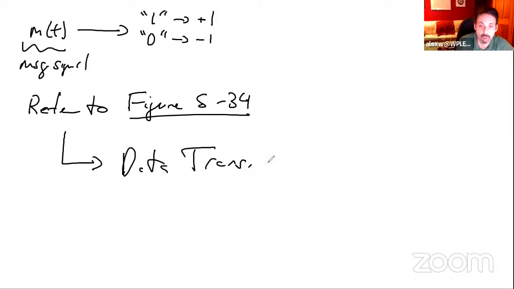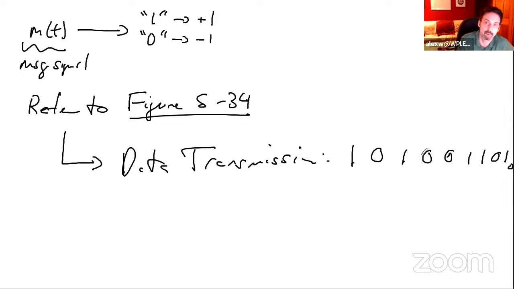Let's work this out. This could be a great class test question. They have a data transmission, and let me decode it: 10100110110. Okay, so they had that.